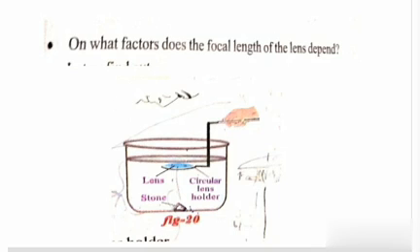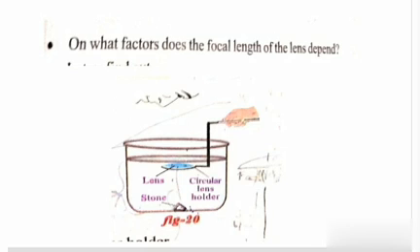In that activity we changed the position of the object and noted the object distance, and the image distance also changed. We wrote them in a table as object distance and image distance, and from those values we found the focal length. So note the average focal length of the lens calculated in that activity.